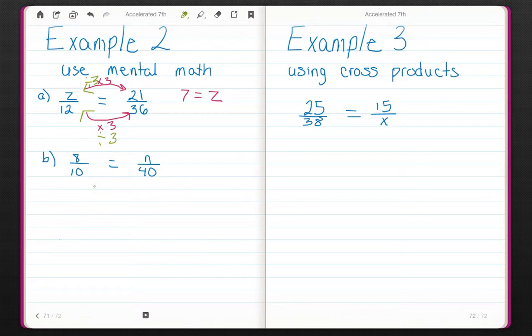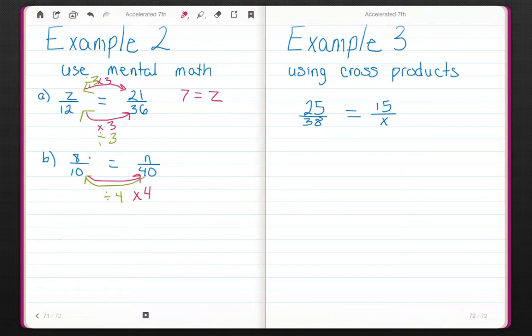So let's look at B here. 8 to 10 is equal to n to 40. Well, from 40 to 10, I'm going to divide by 4, or from 10 to 40, I'm going to multiply by 4.